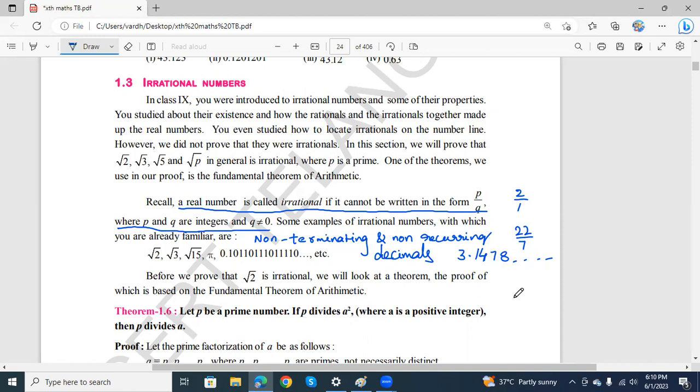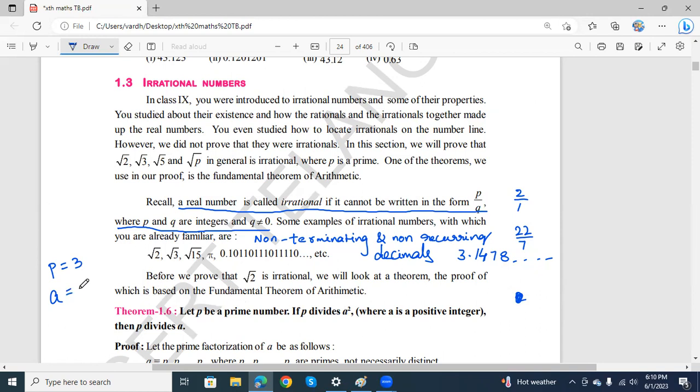For example, P divides a square. P is a prime number. What is a prime number? Take some P value, here 3. P divides a square. A is any positive integer, and that square you have to take.